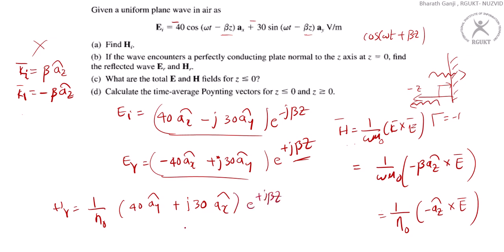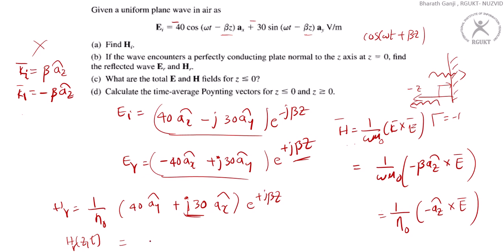So this is in phasor format. If you want to convert it into the time domain, simply multiply it by e power j omega t and take the real part. Because there is j30, and j is nothing but e power j pi by 2, you get cos of omega t plus beta z plus pi by 2.